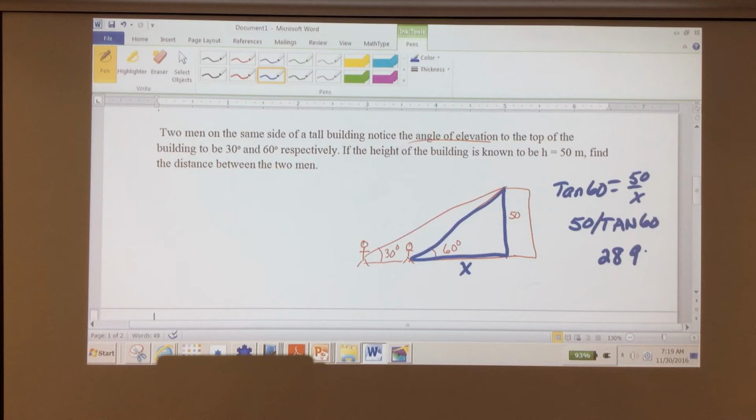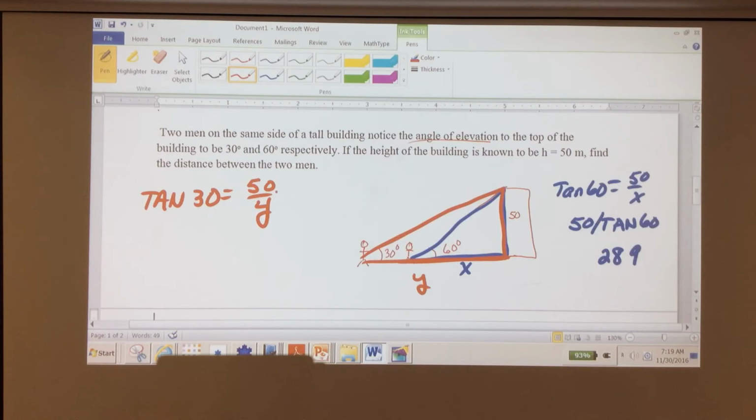Now we're going to find the distance to the second guy. In other words, I'm going to find this red distance across the bottom. I'll call that y. So just focus on the red triangle. 30 degrees, the height of the building is still the same, so the tan of 30 equals opposite, 50, over adjacent y.